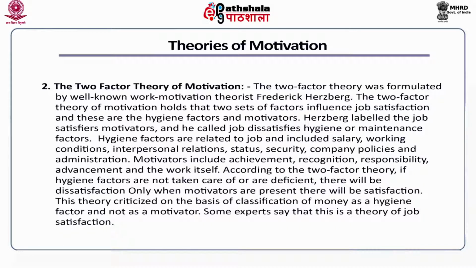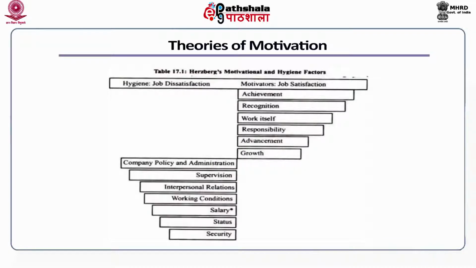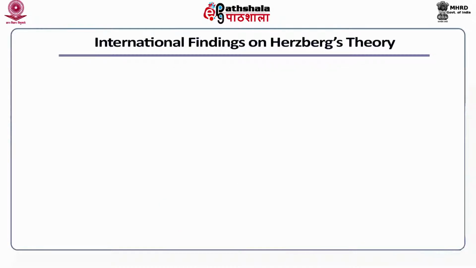Some experts say that this is a theory of job satisfaction. In this exhibit, both sets of factors are shown, hygiene factors and motivator factors, which we already discussed in previous slides. International findings on Herzberg's theory.